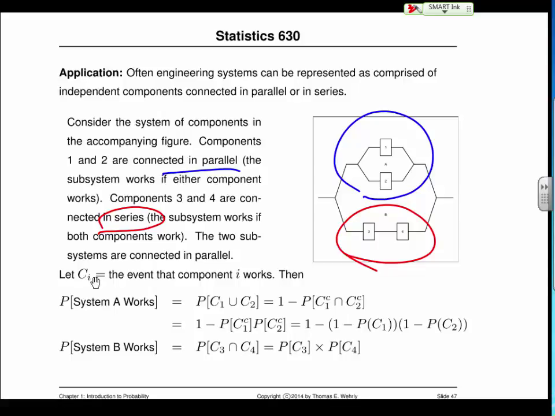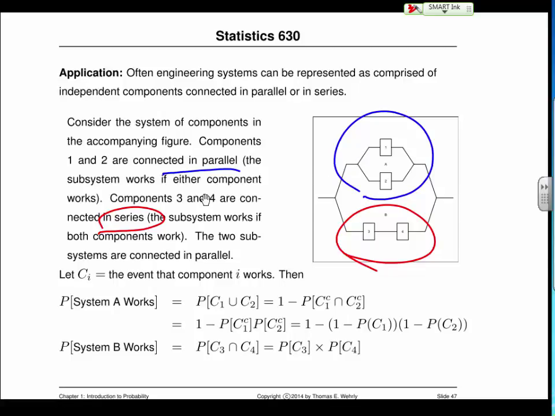I like to be more optimistic and think things are going to work. So if we're in parallel, the system works if one or the other works, so we have the union, C1 union C2, will be the probability that system A works.